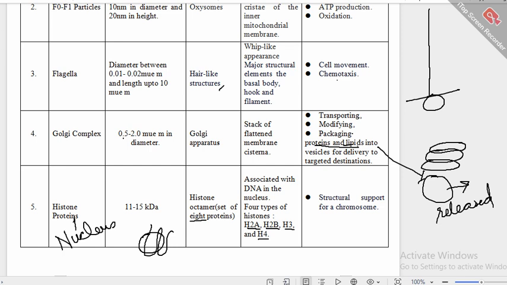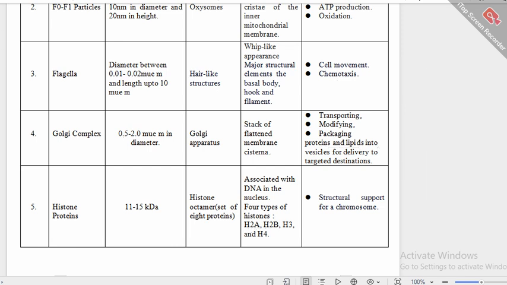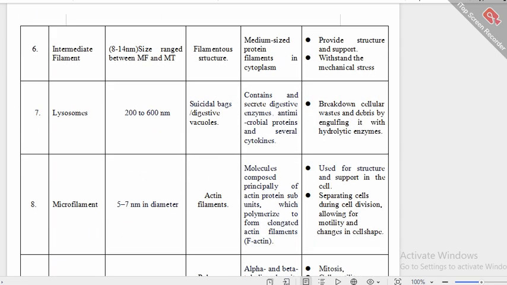Moving on to other subcellular organelles such as intermediate filaments. We have already seen in the section on cytoskeleton that there are three types of cytoskeleton: intermediate filament, microfilament and microtubules.